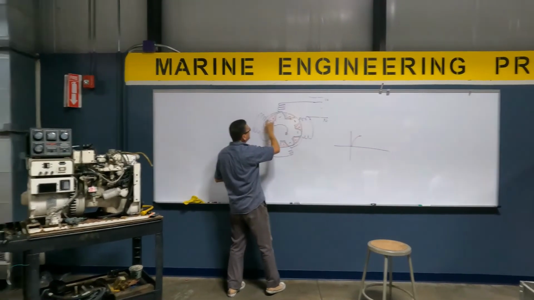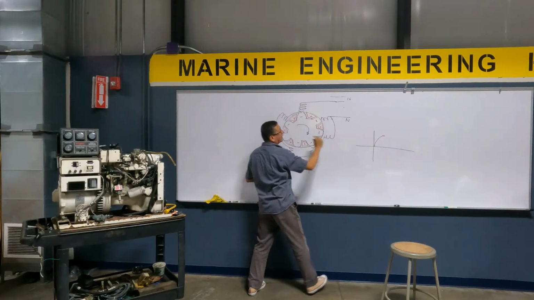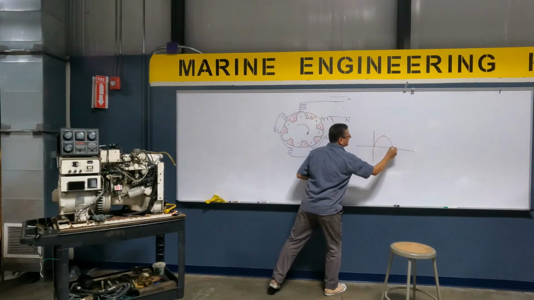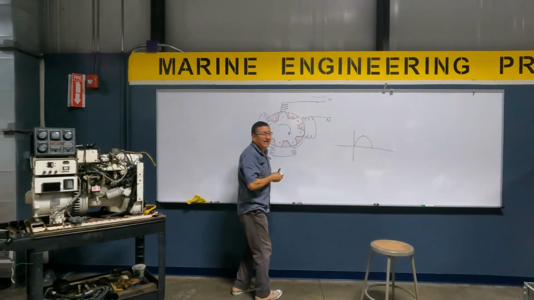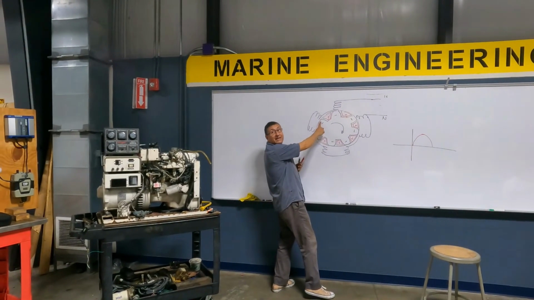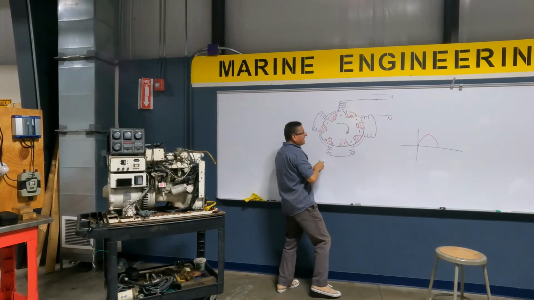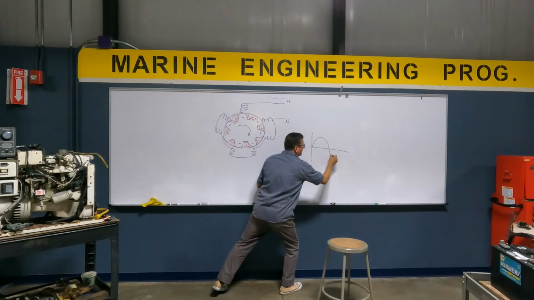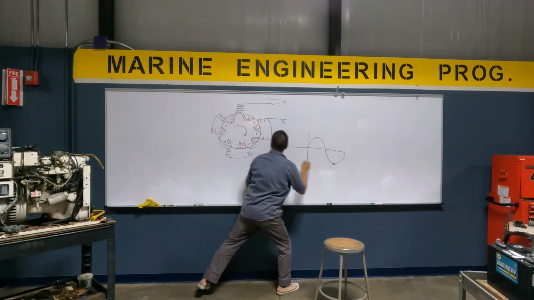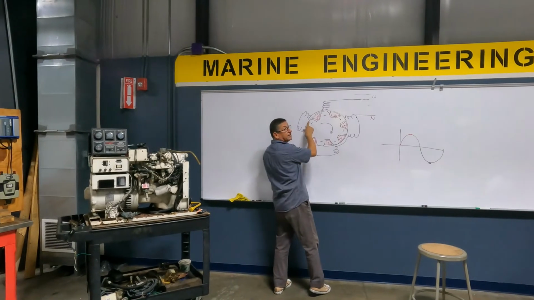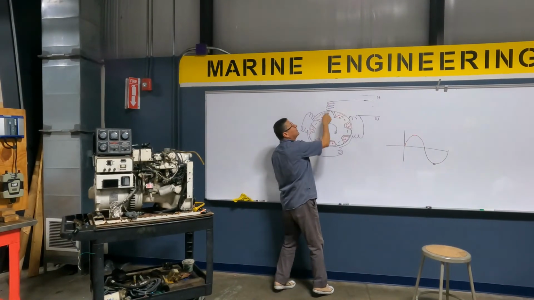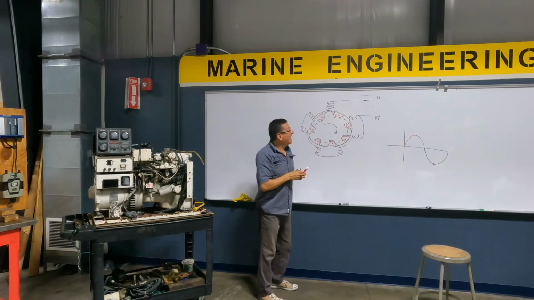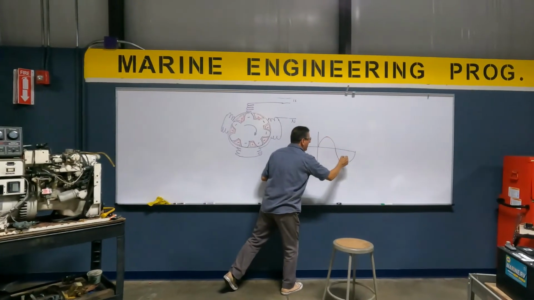And when this end is at the end of the coil, it is minimum. You understand? And now it starts negative. The negative is exactly the same. This point is where the middle of the negative magnet is in front of the middle of the coil.